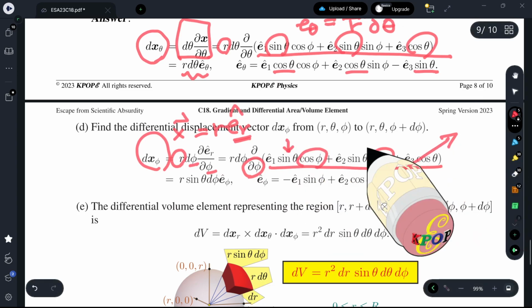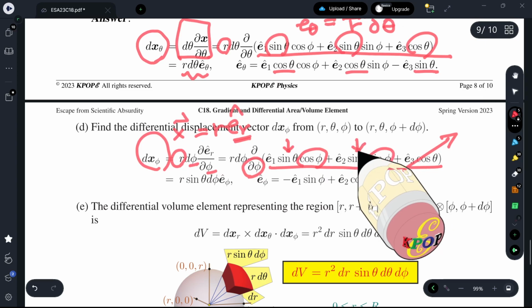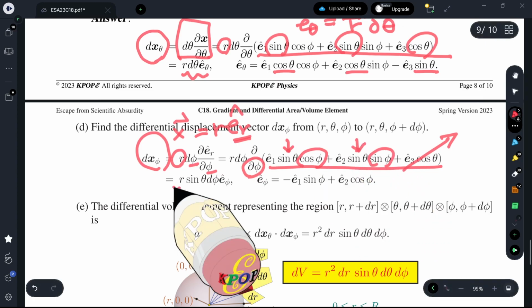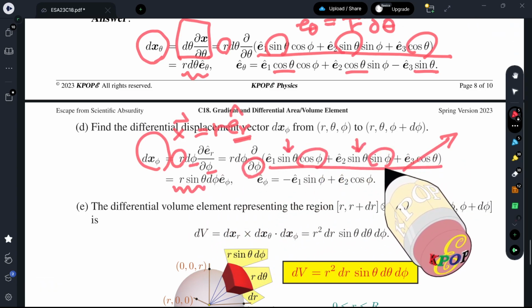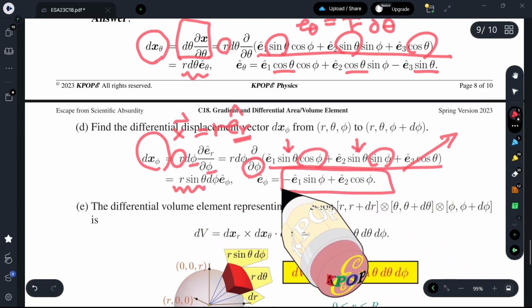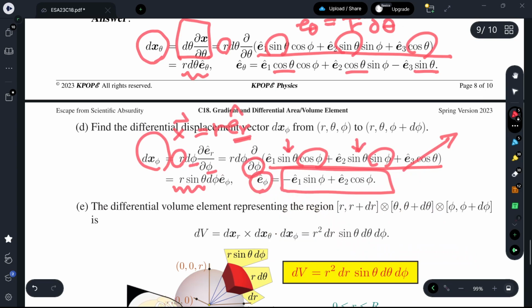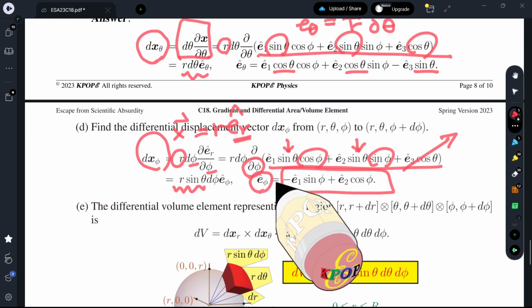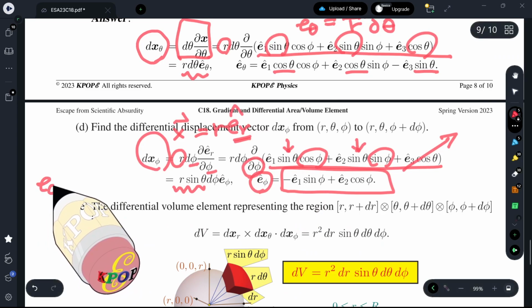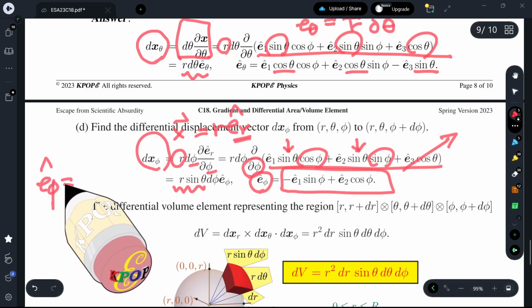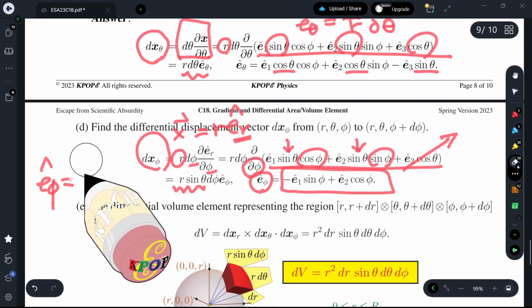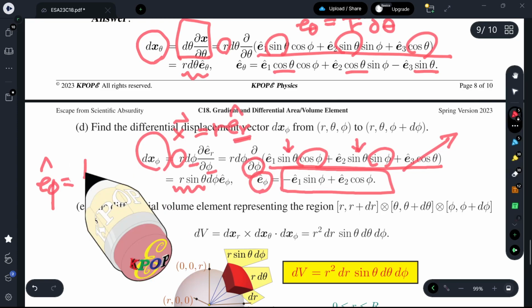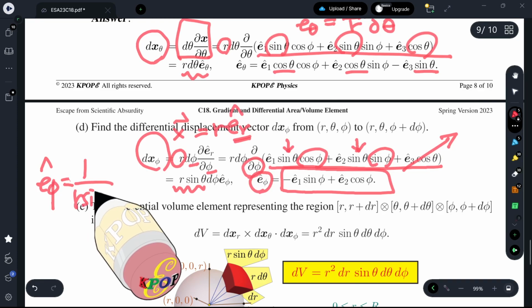And this is a constant coefficient. They are common. I factor this out as r sine theta, and the remaining factor represents e_phi. We know from this relation, e_phi can be directly computed as 1 over r sine theta.